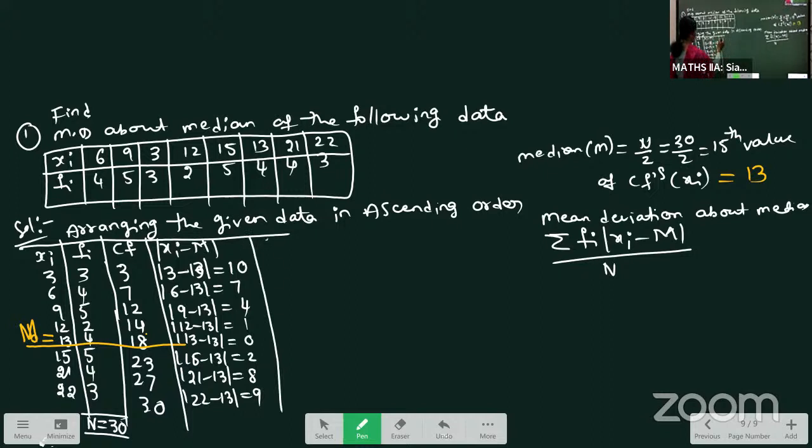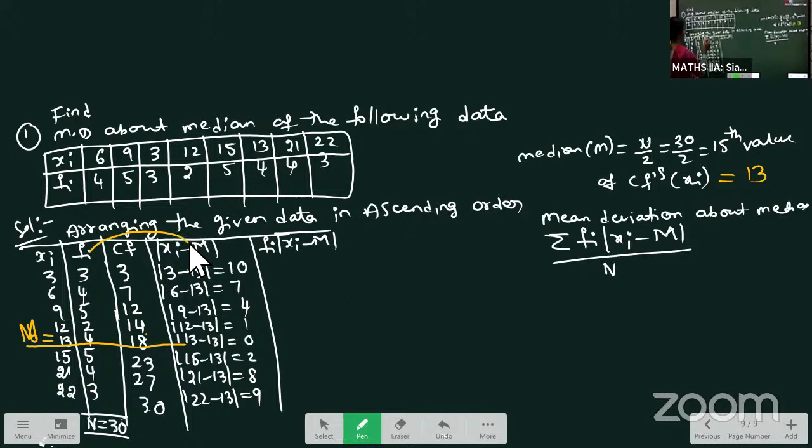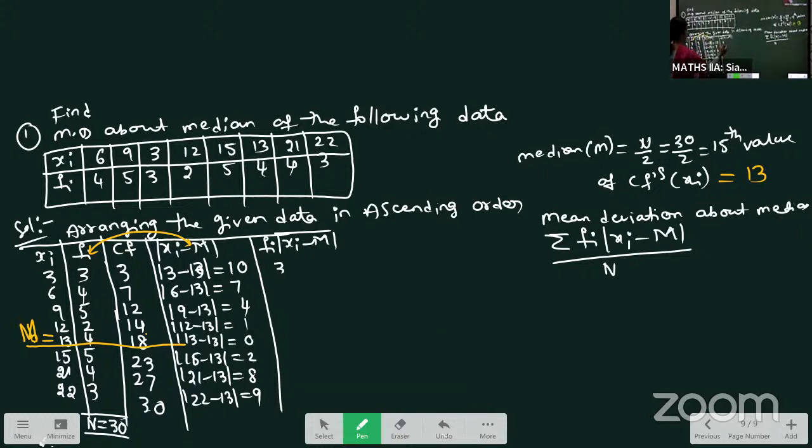Next, fi mod xi minus M we have to find out. Which two columns do we have to multiply? The frequency and the mod xi minus M column. If we multiply, we get the values. 3 into 10, 30. 4 into 7, 28. 5 into 4, 20. 2 into 1, 2. 4 into 0, 0. 5 into 2, 10. 4 into 8, 32. 3 into 9, 27.